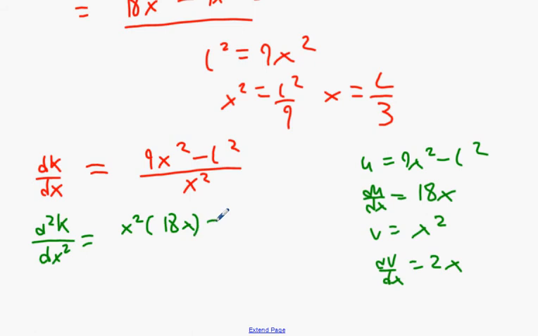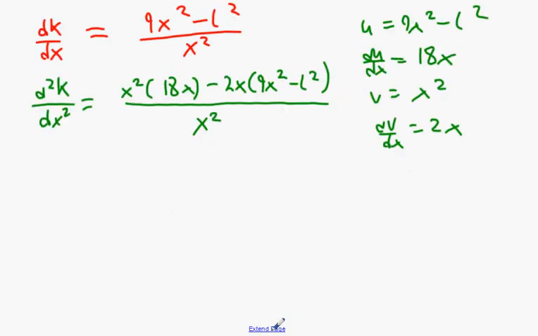Now what did we say L was? Well, we had to substitute x in a second. So we're going to say it's u times dv dx, so 2x multiplied by 9x squared minus L squared, all divided by x squared.